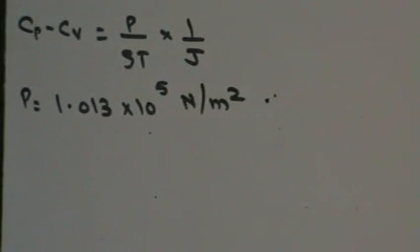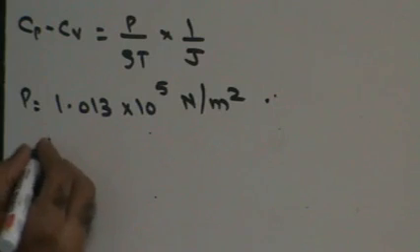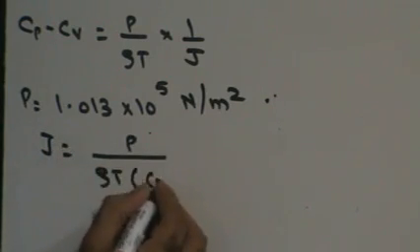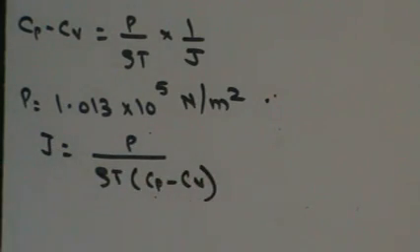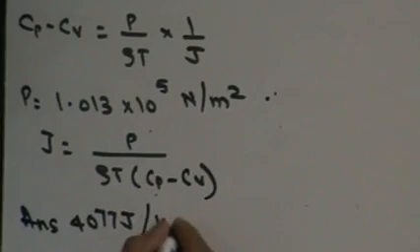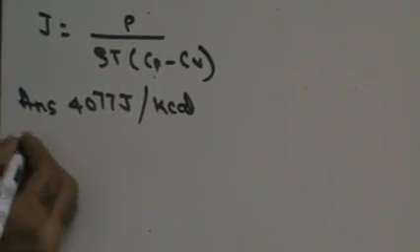Temperature is 273 Kelvin. Rho is given to you. You can find out J. You will get J is P upon rho T into Cp minus Cv. Right? You should get this answer as 4077 joules per kilocalorie.